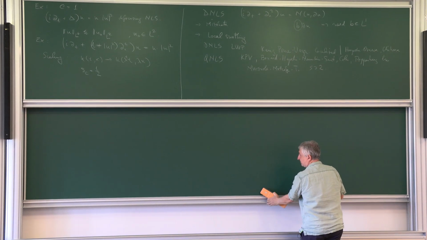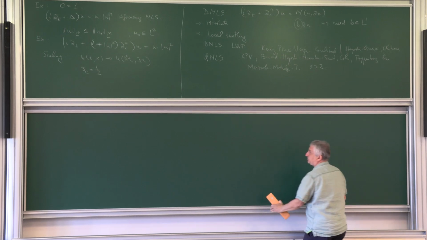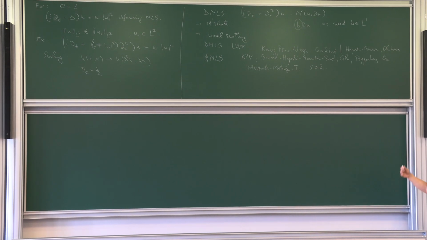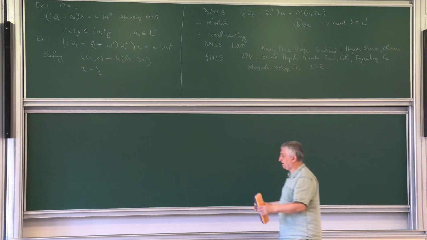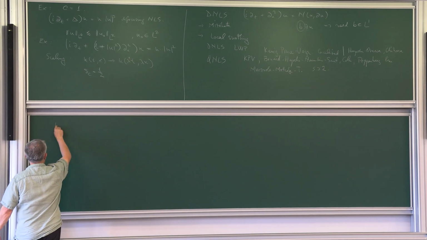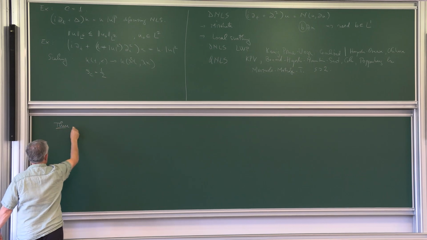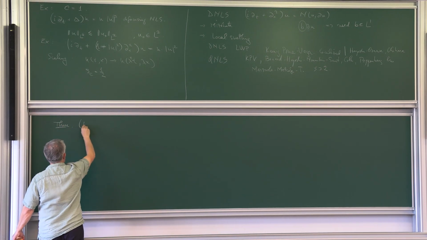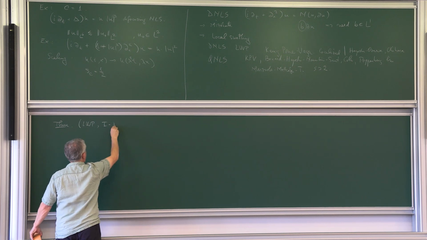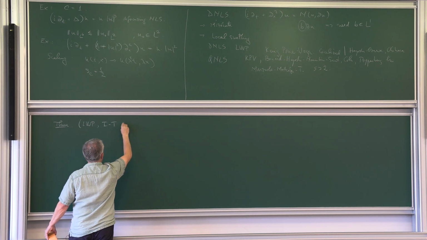So another thing I was telling you last time is that to our surprise, we realized that our technology for the global result also gives better local well-posedness results. So let me start with that. So this is local well-posedness. This is with Mihaela in 23.